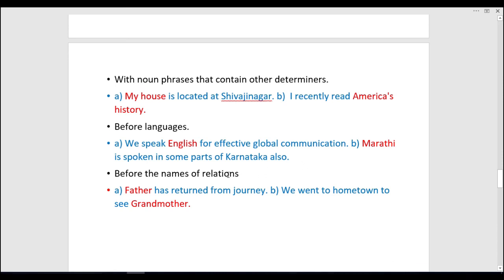Next rule for omission of the, before the names of relations, we do not use the before the names of relations. For example, father has returned from journey. Next example, we went to hometown to see grandmother. So these are the few rules to omit the.